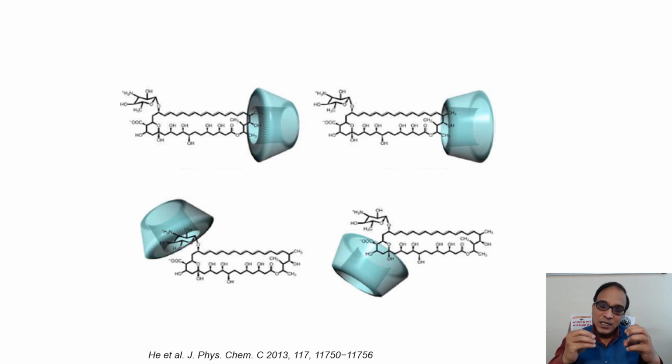Either it may go in from the open part of the bucket of the cyclodextrin, or from the narrower part, or it may involve more than two. Basically, it is hypothesized that because it is a huge structure, it requires more than two cyclodextrin buckets to be complexed.